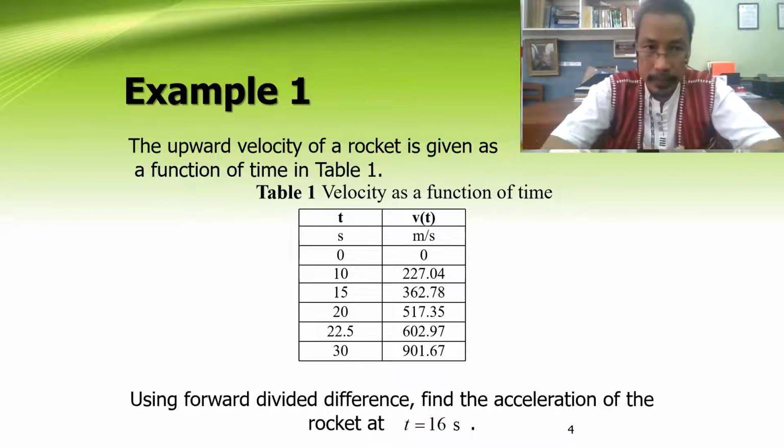Example 1: the upward velocity of a rocket is given as a function of time in Table 1. We have a given series of values of time in the first column, and in the second column, the value for its velocity.